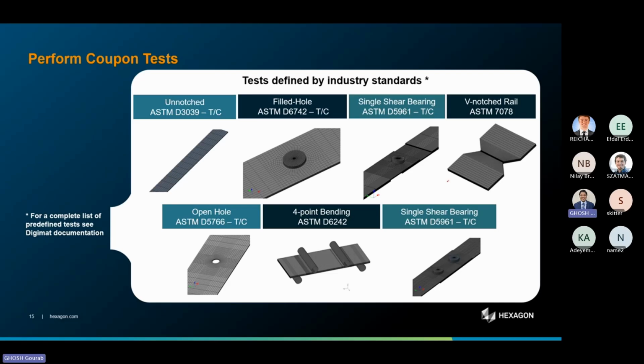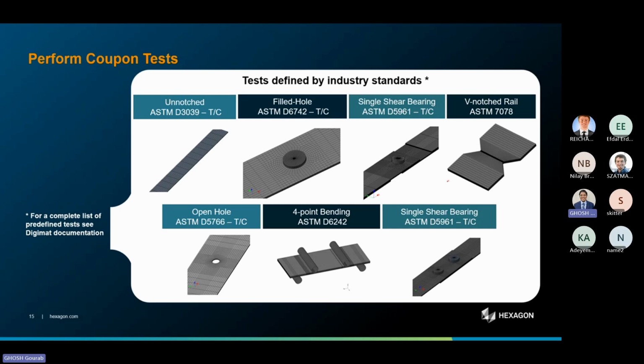So you just don't have to prepare that FEA model from scratch. You don't have to create anything fancy. You just go there and pick and choose the pre-built FEA models, which are built according to ASTM standards.